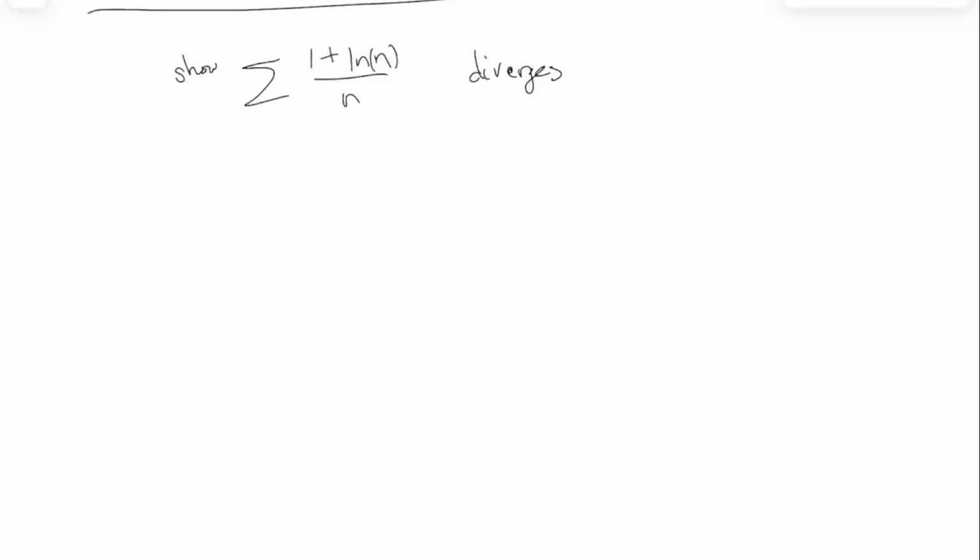Everybody's doing great. Can I make it a little more interesting? Well, let's do it this way, and then I'm going to try and make it ever so slightly more interesting. You can basically follow exactly the steps from the previous example. You compare this to 1 over n, hoping that the natural log doesn't really matter, and the comparison should go that way, because on the left what I see is 1 plus a little something extra, but that's more than just 1, right?